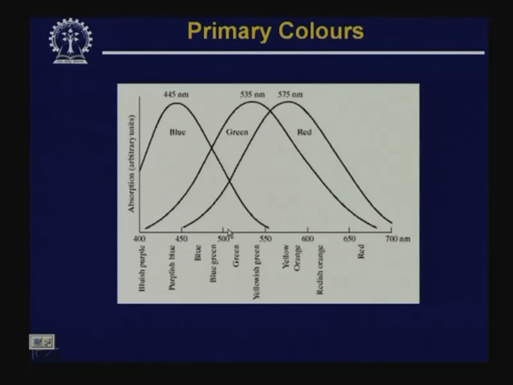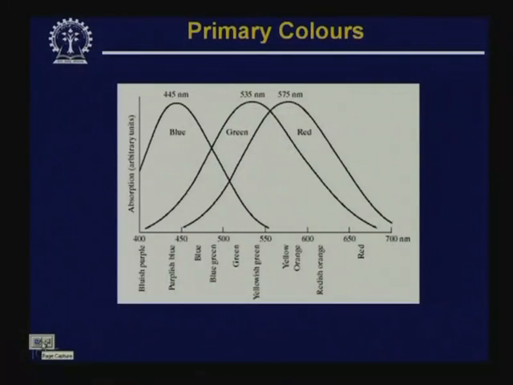The cones sensitive to green light respond to wavelengths from slightly higher than 400 nanometer to around 650 nanometer. The cones sensitive to red light respond from 450 nanometer to around 700 nanometer.